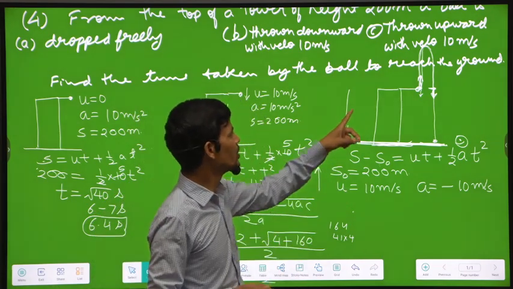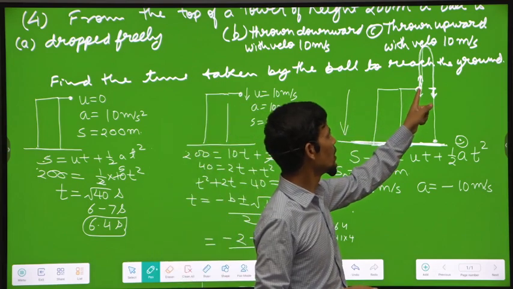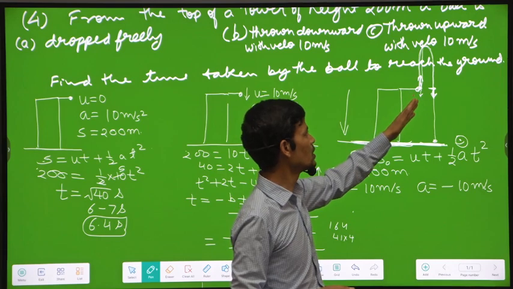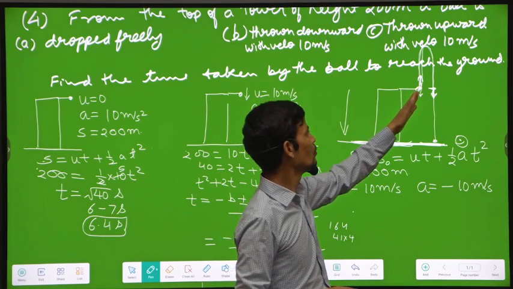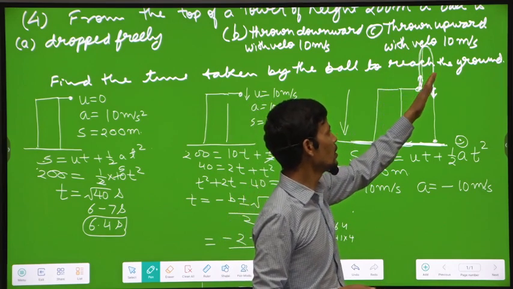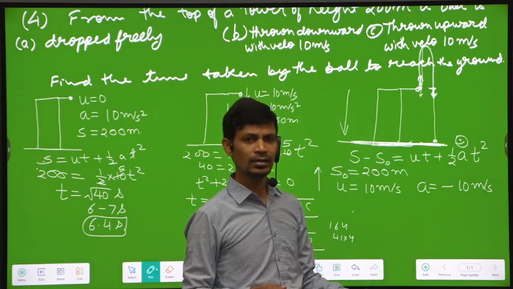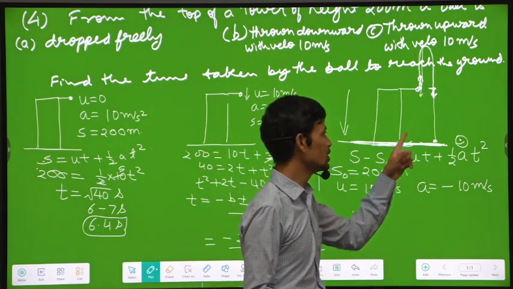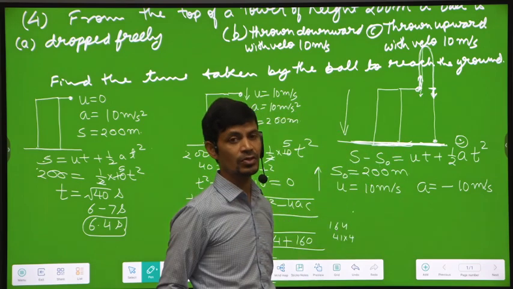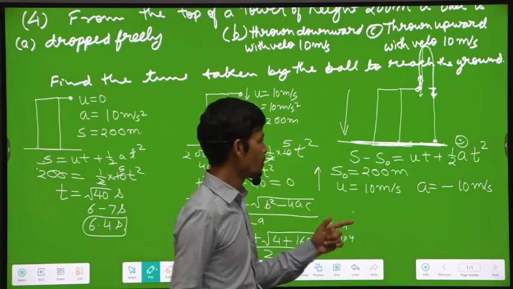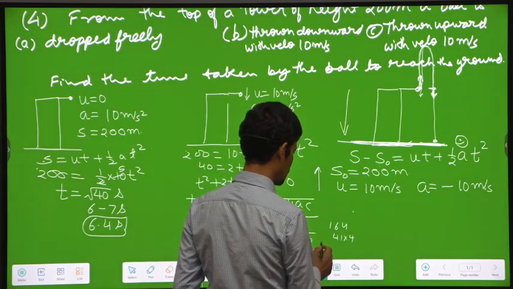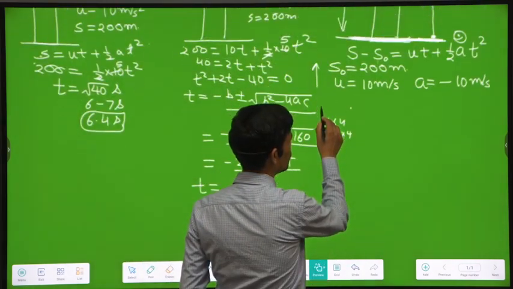Only when the motion is in two ways from the point of projection: one, it is going up and then passing the point of projection in the other direction. Then apply this. Just focus yourself here. Okay, now we can apply that equation of motion.